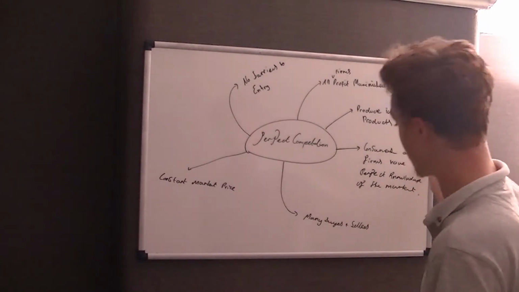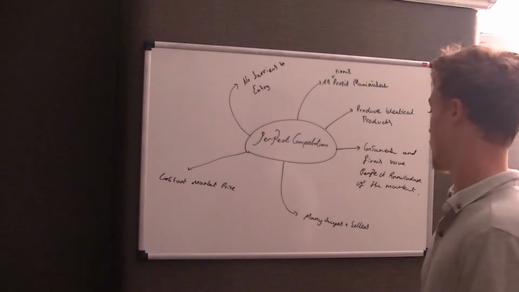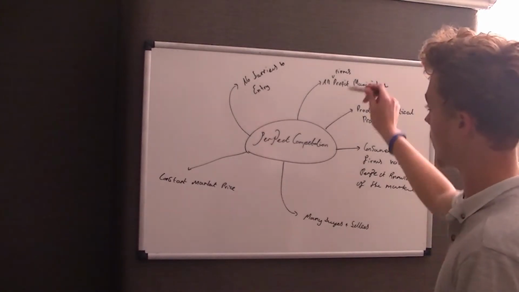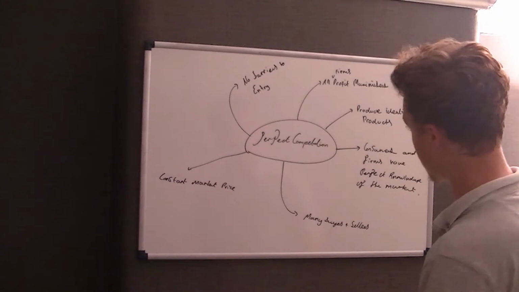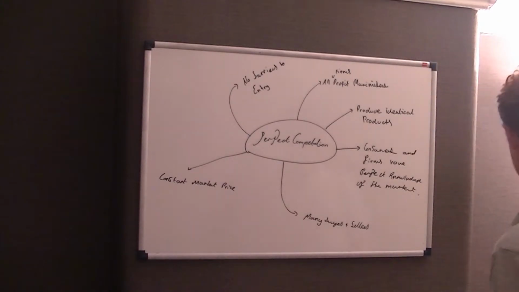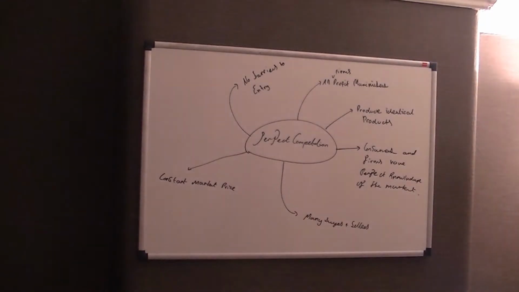And then I'd try and include consumers and firms with perfect knowledge of the market. But as I said, the main one really is that all firms in the market are profit maximisers.